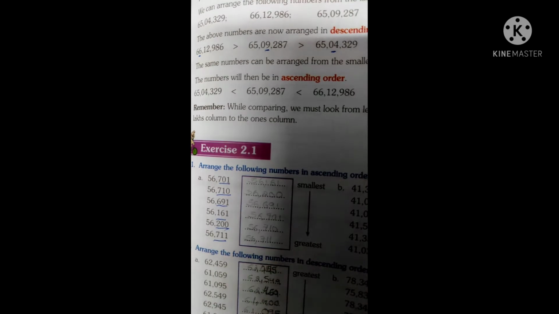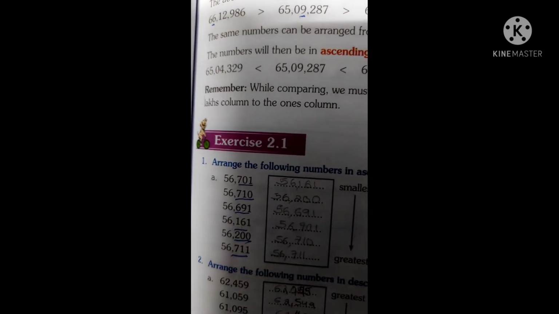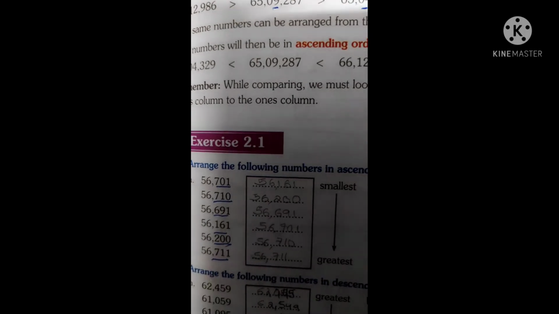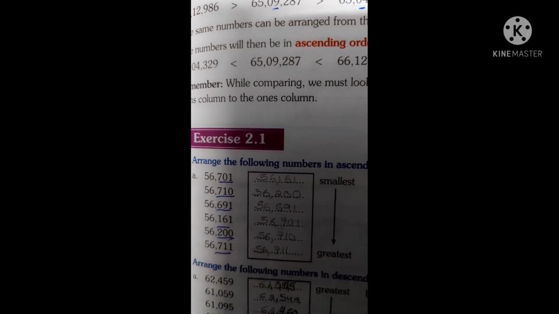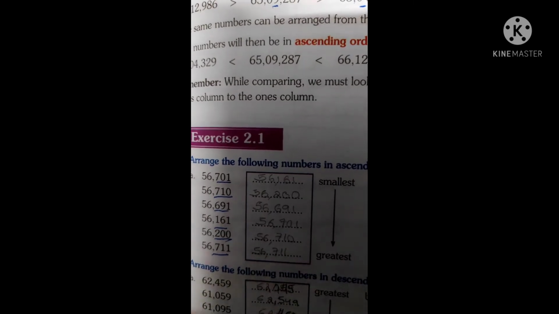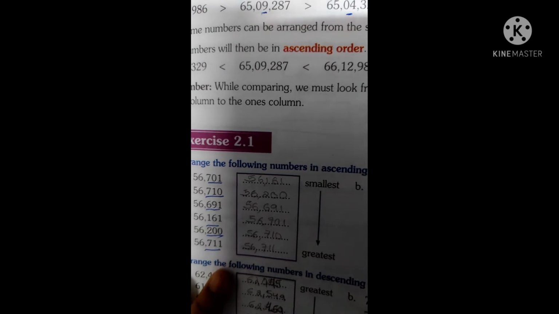So this is the second number. And the next one should be 6, because 6 is smaller than 7. So the next number is 56,691.